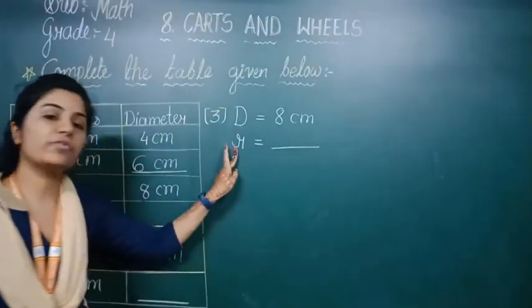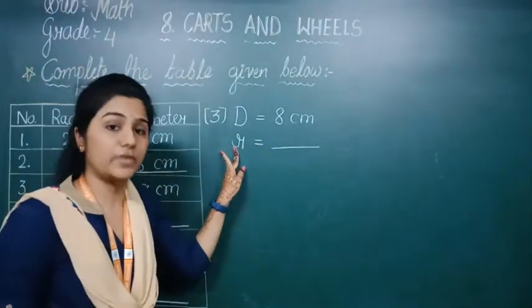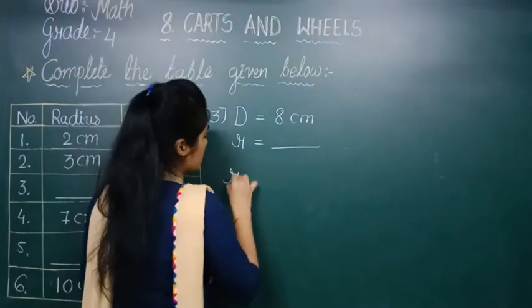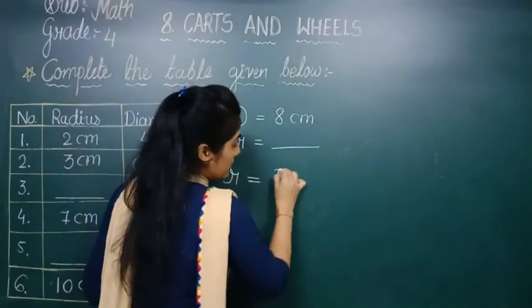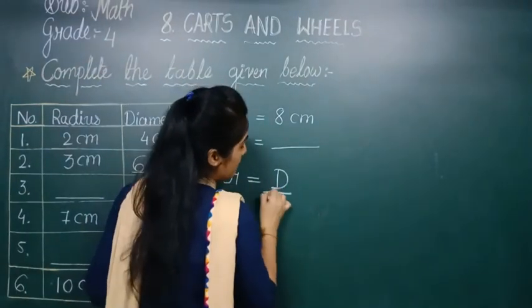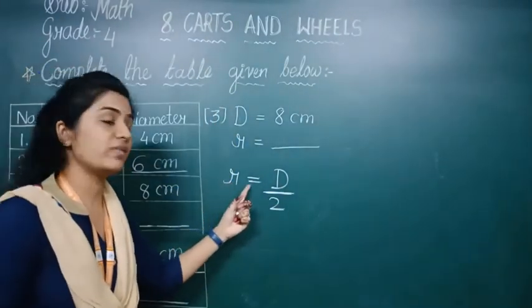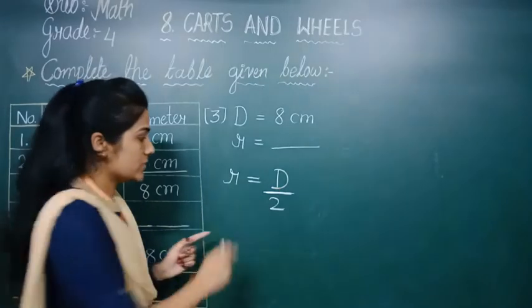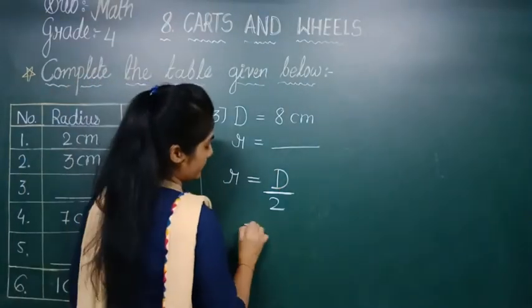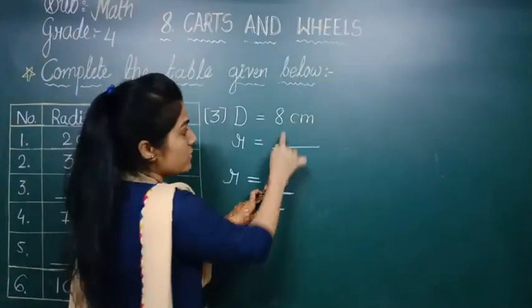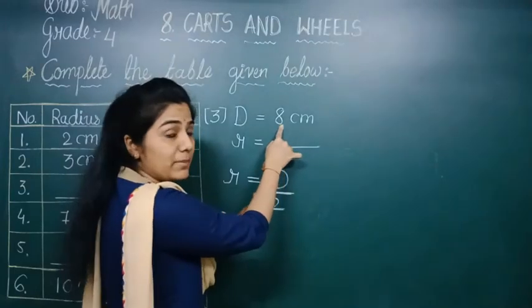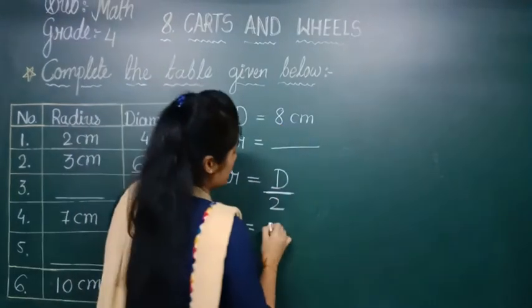Now how to find radius? Which is the formula of radius? Radius is equal to D, meaning diameter, divided by 2, because radius is always half the diameter. So this formula we are applying. Now instead of D, which value we have to write? This 8 centimeter.